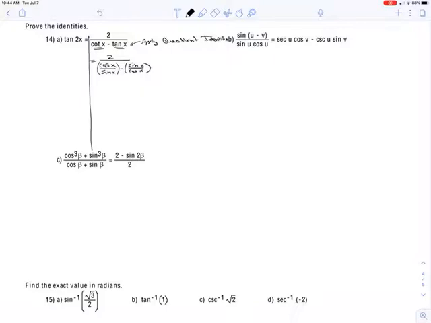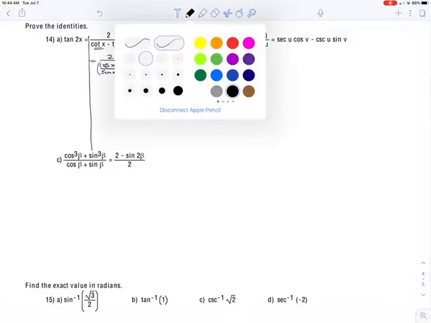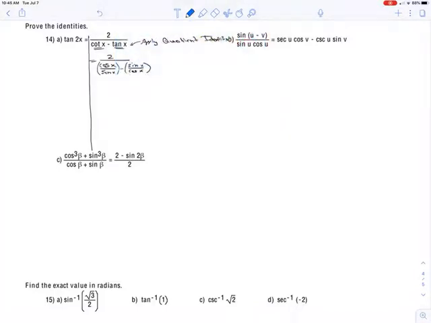All right, so now we've got everything in terms of sine and cosine. And what I want to do now is clear the fractions. So that's my next step. Remember our LCD, we can multiply by that. Our least common denominator is the product of all the different denominators, different factors. If any are repeated, we use the one that occurs the greatest number of times. But sine x times cosine x would identify as our LCD.